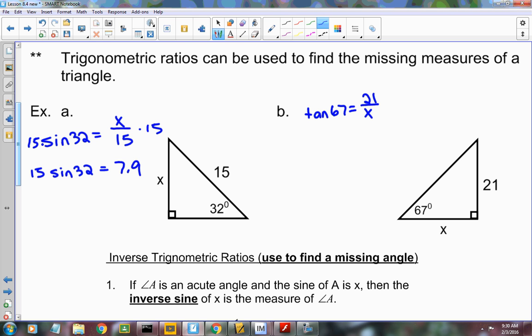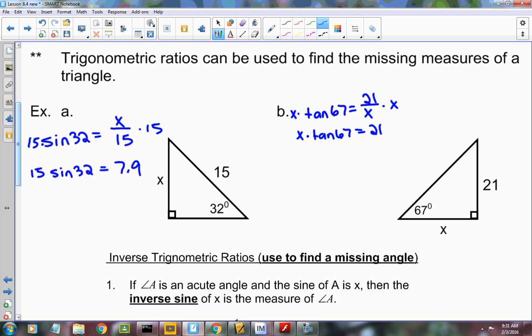Now, small problem here, my variable is in the denominator. I have to get it out of the denominator, okay? So, what I'm going to do is multiply both sides by x. And so that gives me x times the tangent of 67 equals 21. I still have to get x by itself. These two things are multiplied.